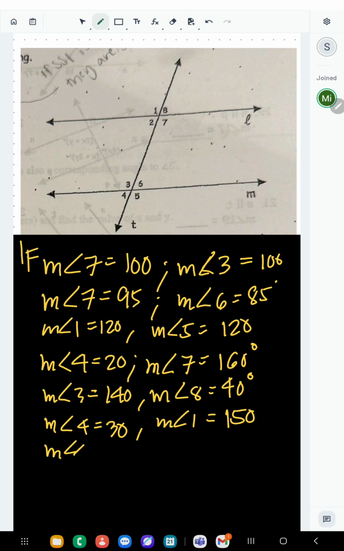And measure of angle 4 is 40. Find the measure of angle 2. What's the relationship between angle 4 and angle 2? Oh, they're corresponding angles.